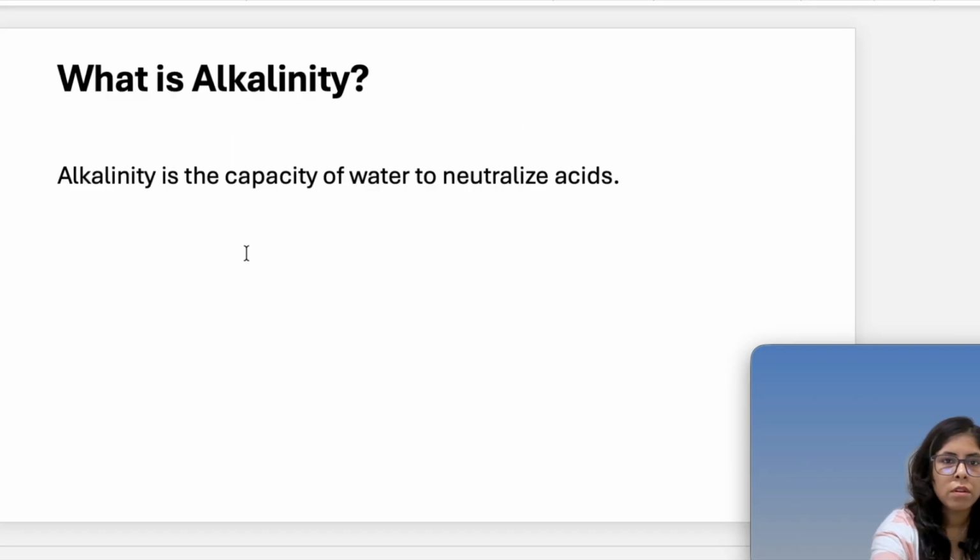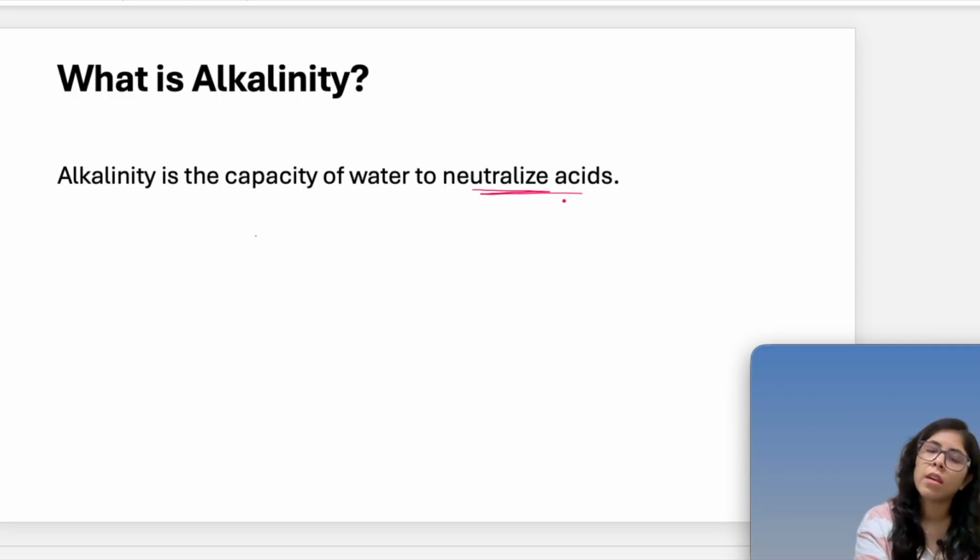So now we have the very first question, which is what's alkalinity? Alkalinity is the capacity of water to neutralize the acids. What does that mean? It means that whatever acid is present. From our basic chemistry, we know that acids are present due to H plus ions, right?